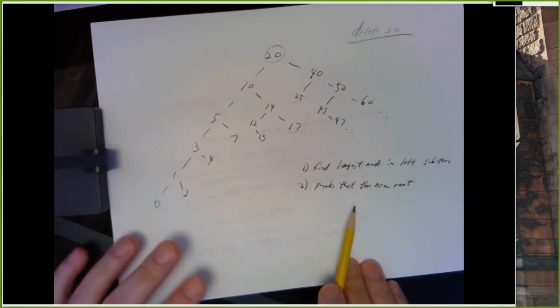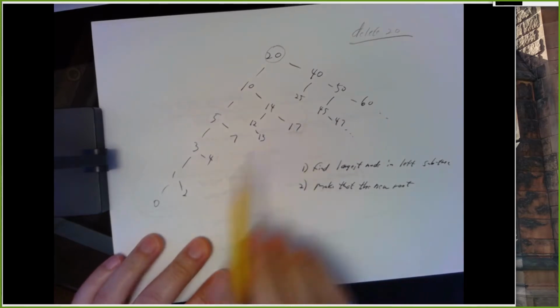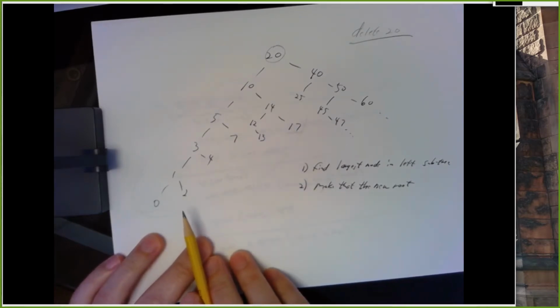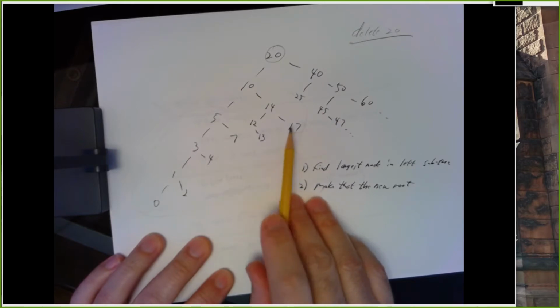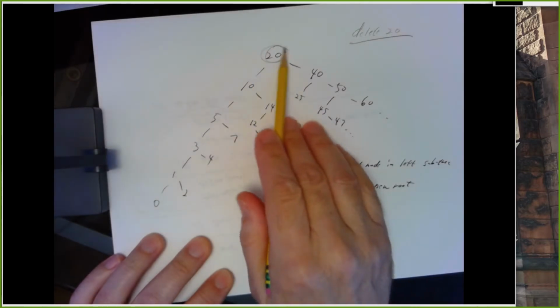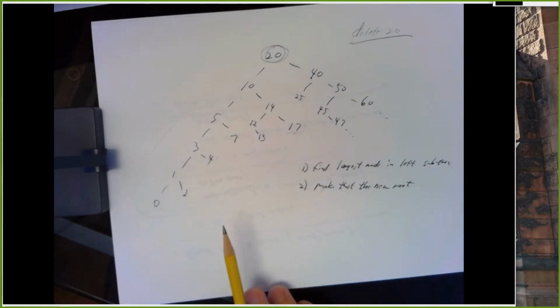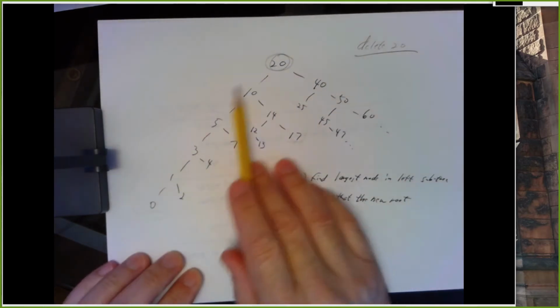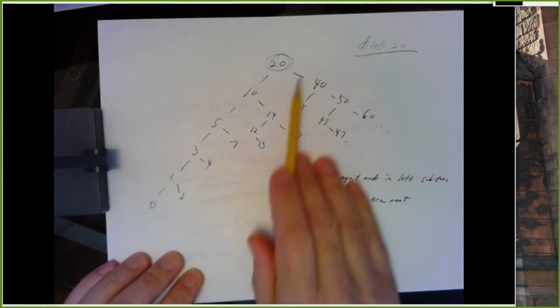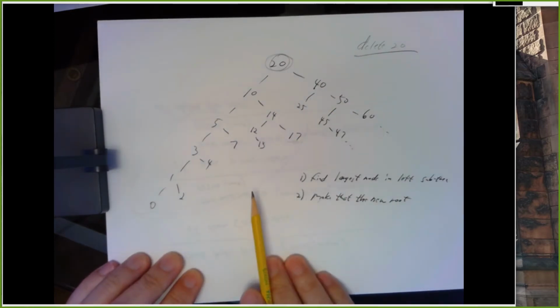All right, so why does using the largest node in the left make sense? Two things. One, we're going to make this the new root. If this is still going to be a binary search tree, it has to have the property that everything to the left of the root is smaller, everything to the right of the root is larger.